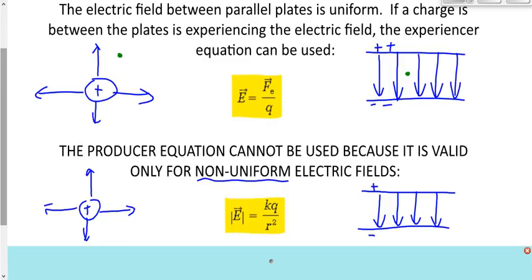That equation isn't valid for this because that second diagram for parallel plates is a uniform field. This equation is only valid for a non-uniform field. So the first equation, use it as you did, and now you can use it in this new context as well. The second equation, use it as you did, but you can't use it with this new stuff. You can't use it with the parallel plates.